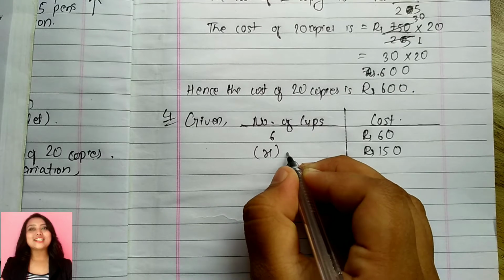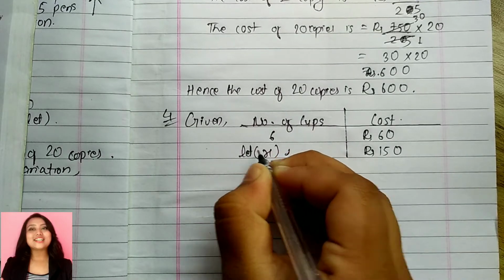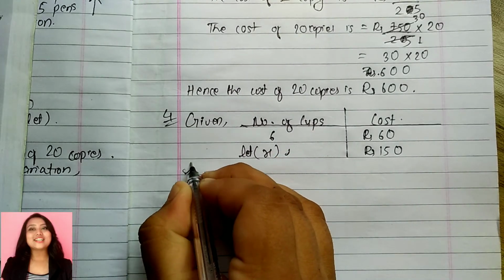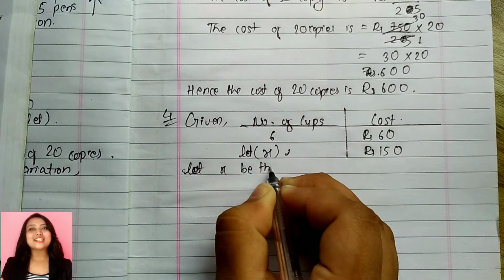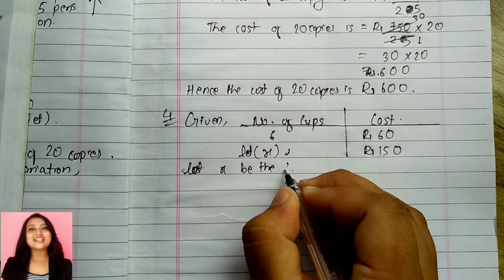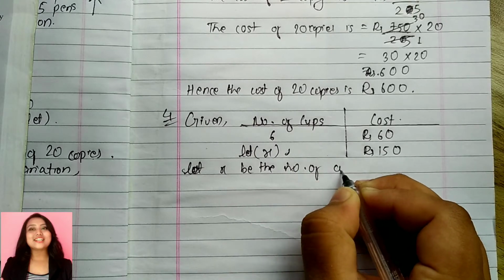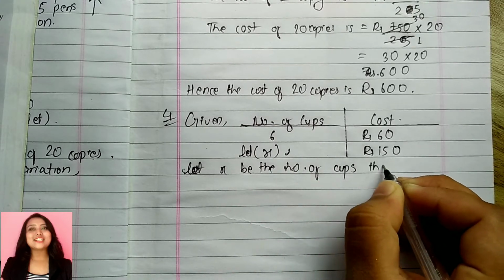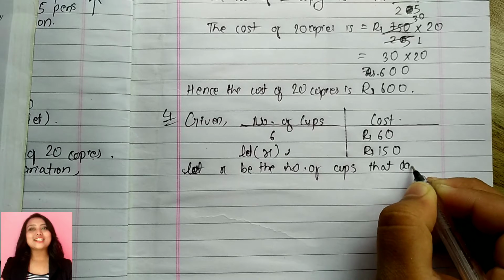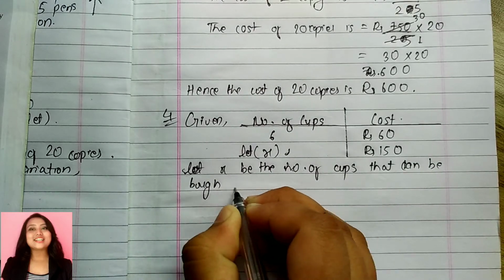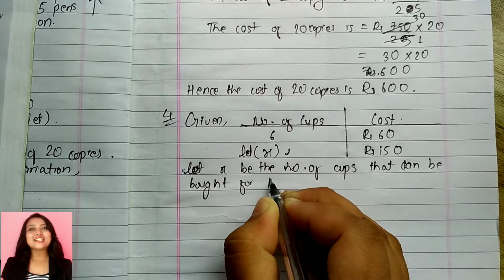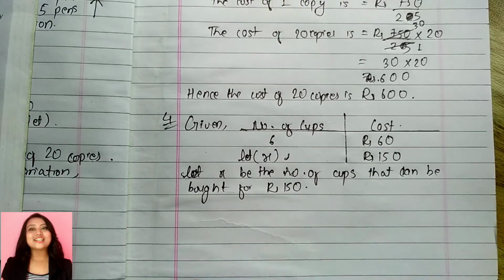So let x be the number of cups that can be bought for rupees 150.